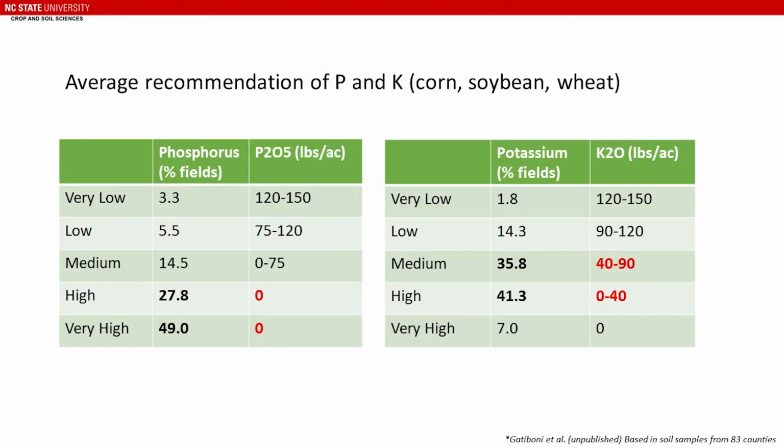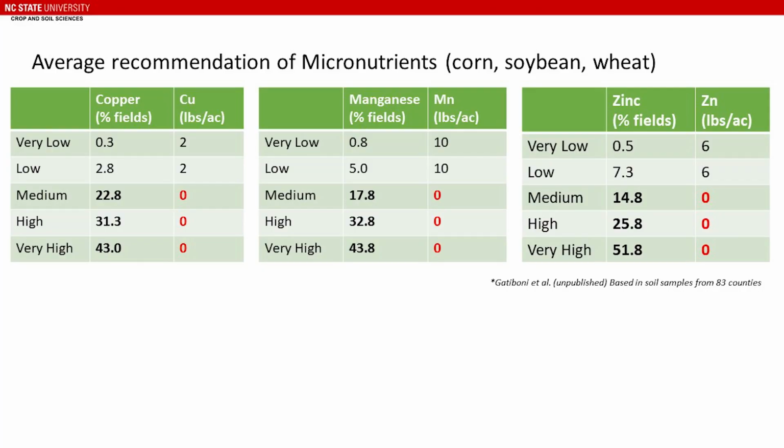You can see here, only 7% of the samples are very high. Because we have sandy soils that cannot hold potassium, we have leaching, we have some other processes, but especially the export of potassium by grain that makes us replenish potassium very often, okay? For micronutrients, less than 10% of our fields require the micros that the NCDA tests, copper, manganese, and zinc.